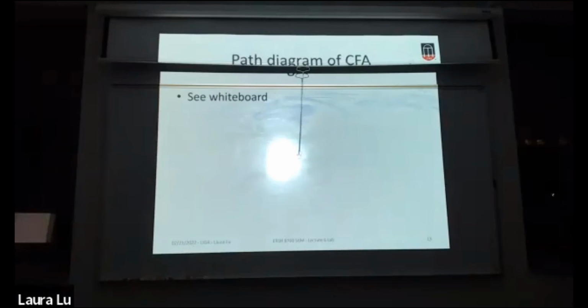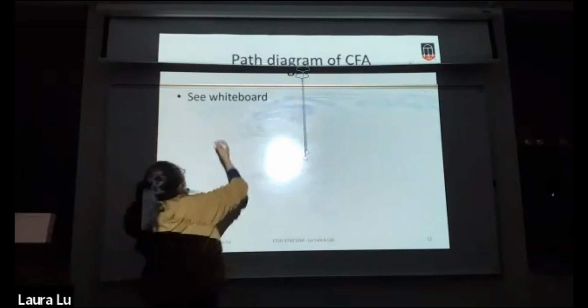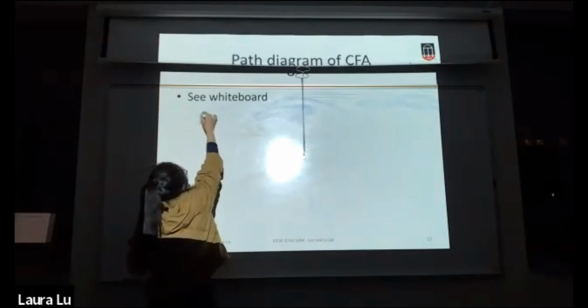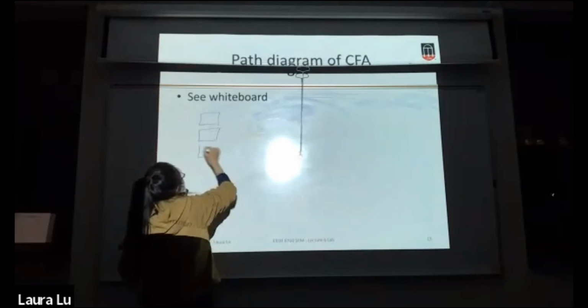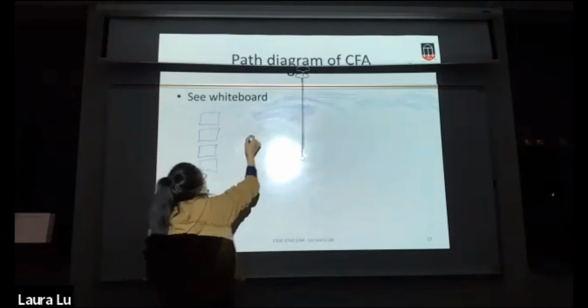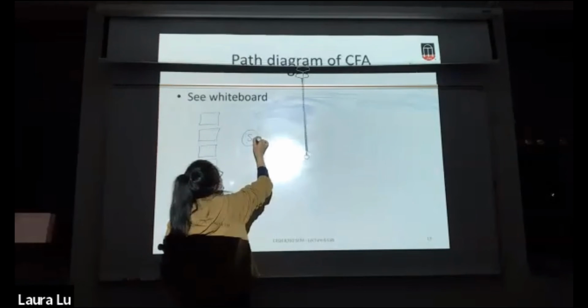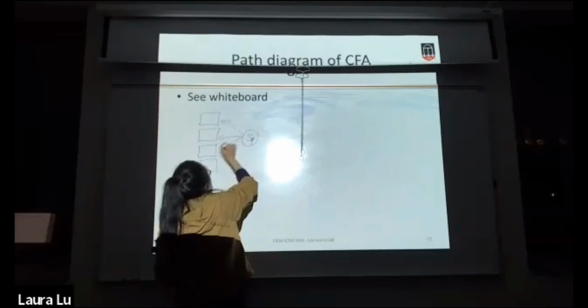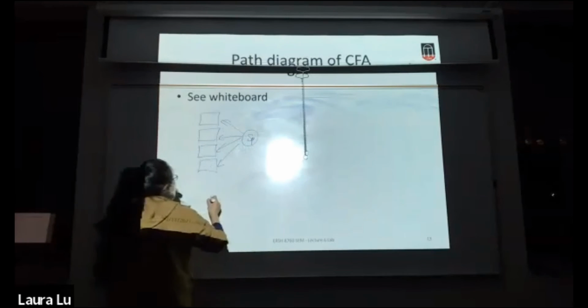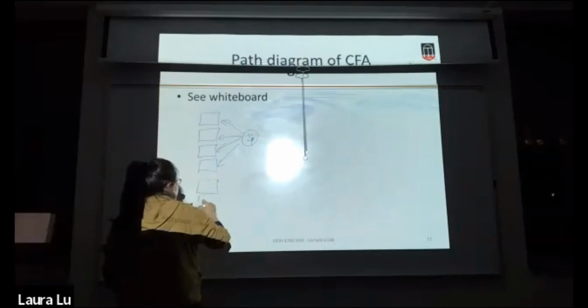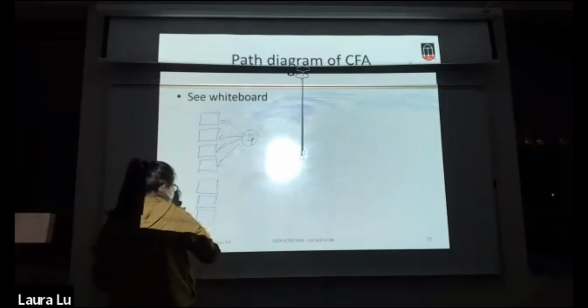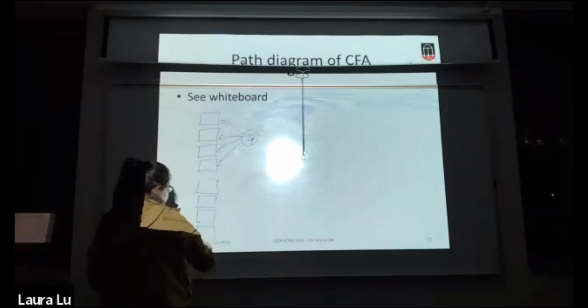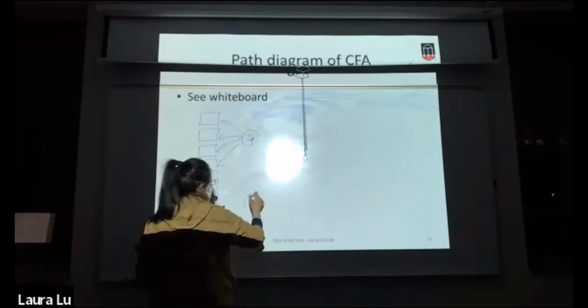So basically, we have 4 tests which are influenced by spatial, and we have 5 tests for verbal.